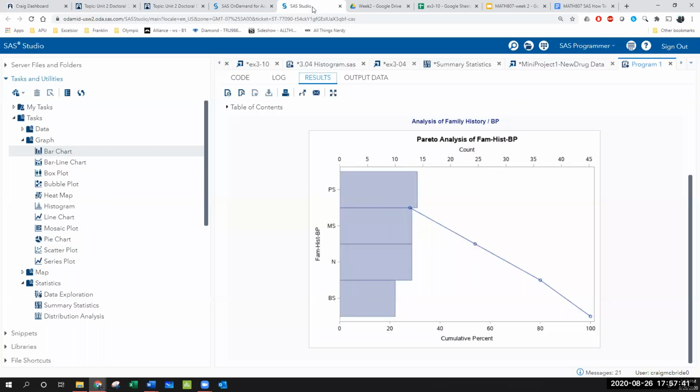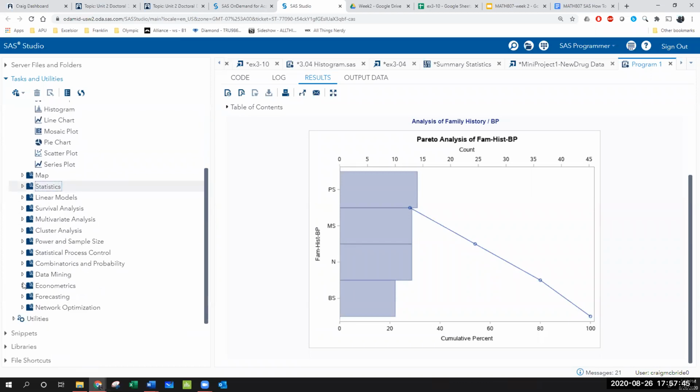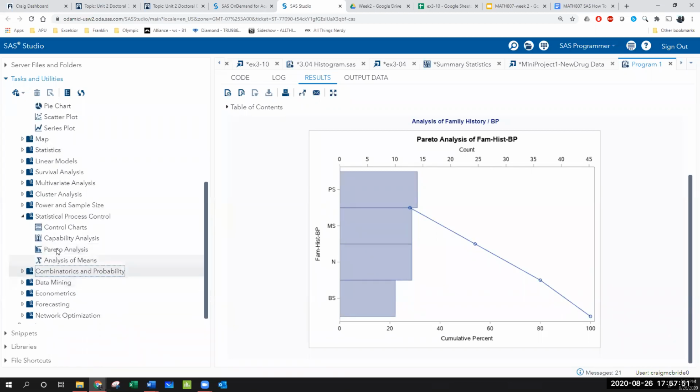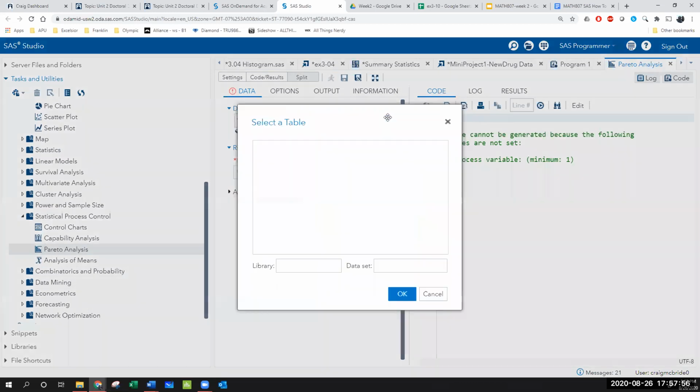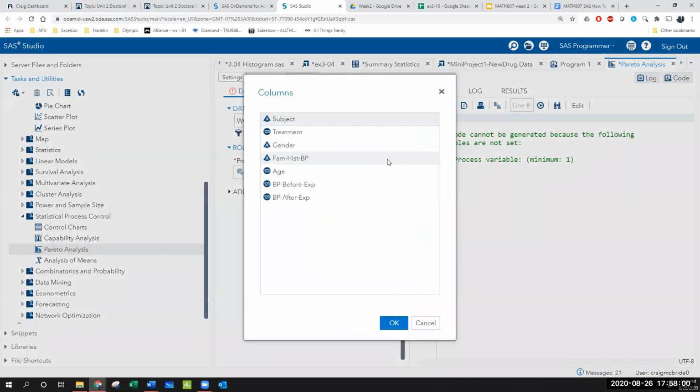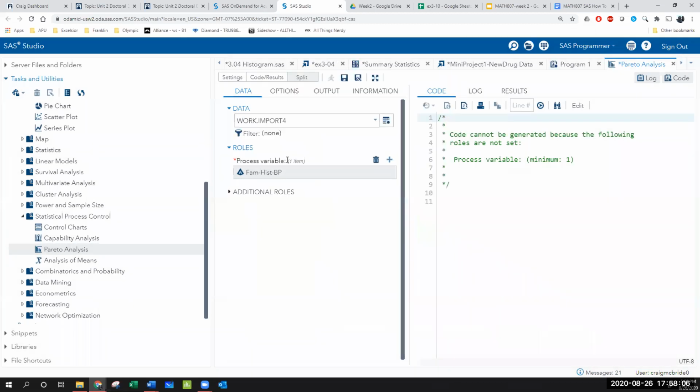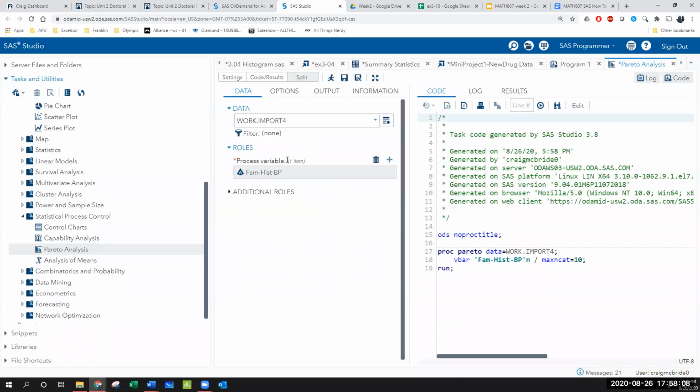Yeah. Okay, so statistical process control, Pareto analysis. So work import, and the variable, FamHist. Is it family history? I think so. Yeah, that sounds right.